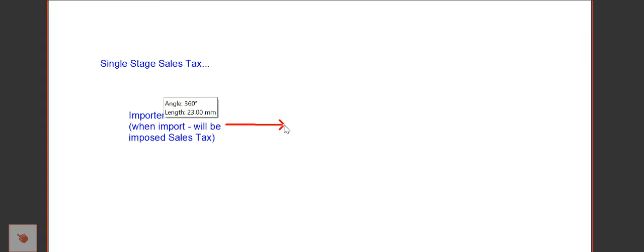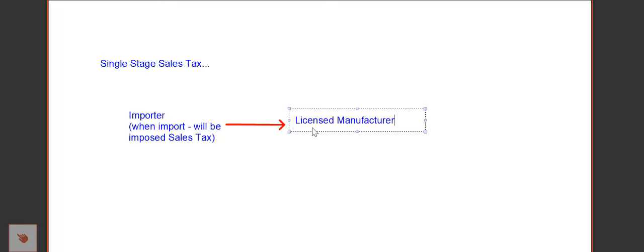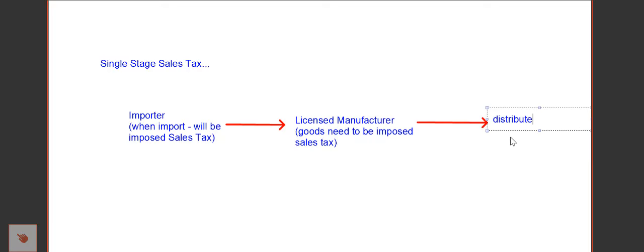So when you sell your product to, let's say, a licensed manufacturer, because you are a licensed manufacturer, your goods also need to be imposed sales tax. And imagine your products are then sold to distributors, and distributors sell to retailers or whatever. Now the issue is this: there is already a sales tax imposed when the importation takes place, and then the licensed manufacturer will impose the same sales tax again.